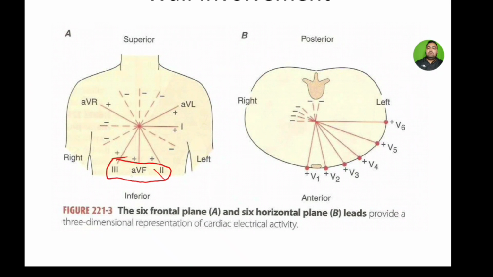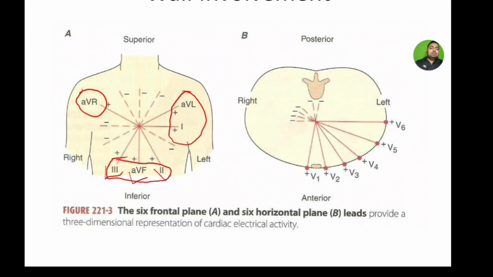Then the anterior wall of the heart is best seen with lead 1 and lead AVL, and the posterior wall of the heart is best seen with lead AVR.